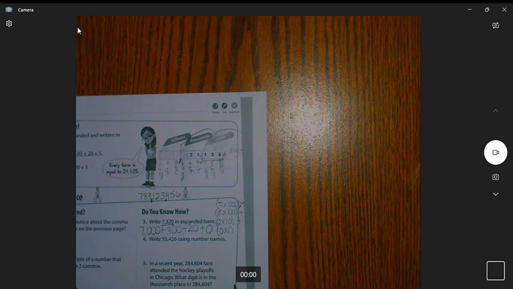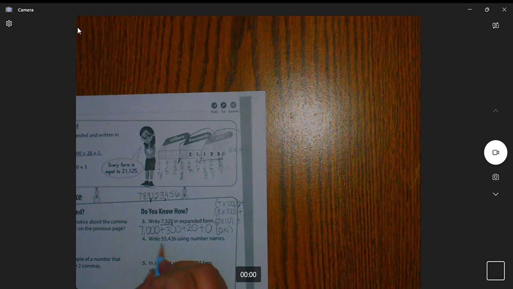But along with knowing expanded form, I have to be able to say the number name. I have to be able to write it. So, ones, tens, hundreds, thousands. I know my first number is going to end in the word thousand because that's where the biggest period ends.